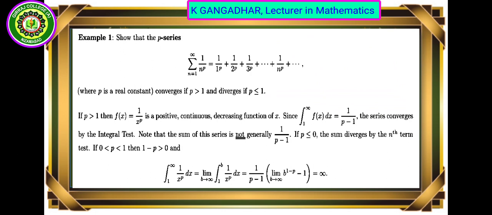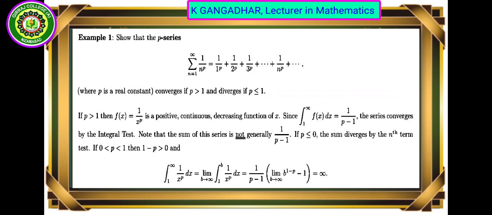The series converges by the integral test. The sum of the series is not generally 1 by p minus 1. If p less than or equal to 0, then the series diverges by the nth term test.